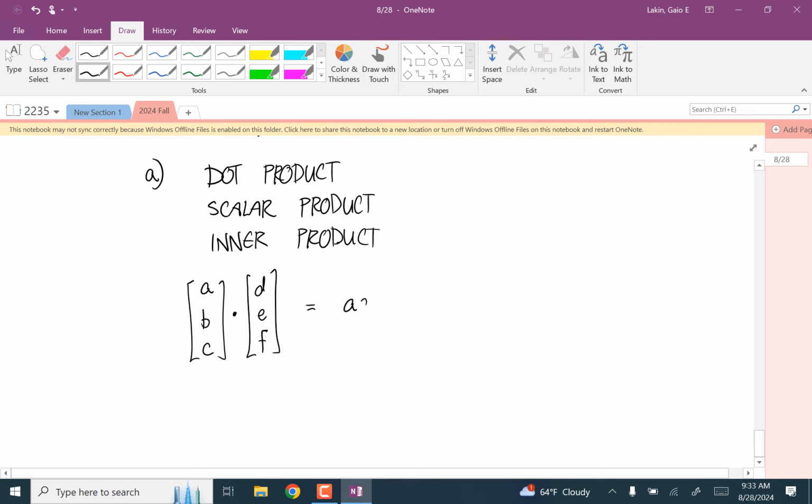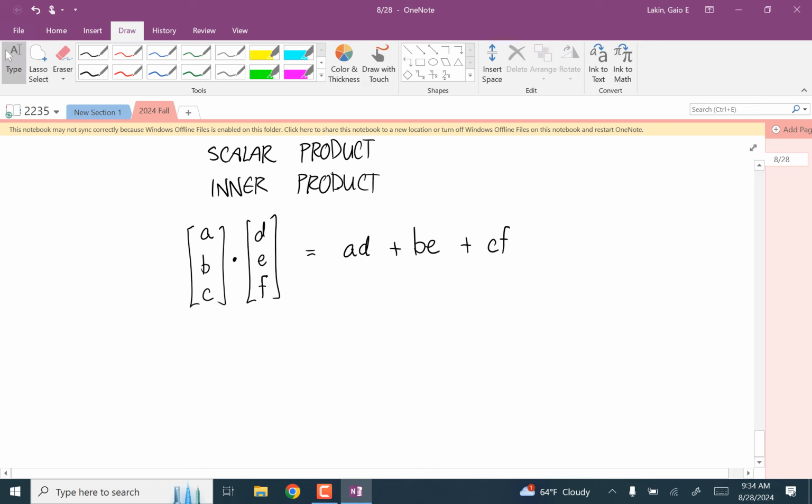And it is A times D plus B times E plus C times F. And so this is why this is called the scalar product, because the output of this multiplication is a scalar.